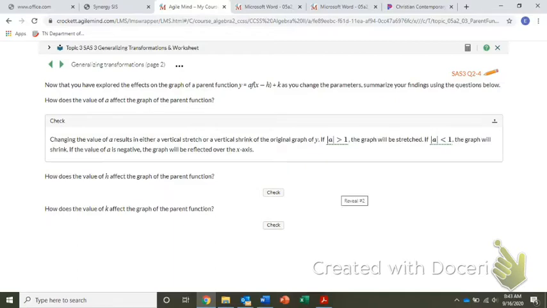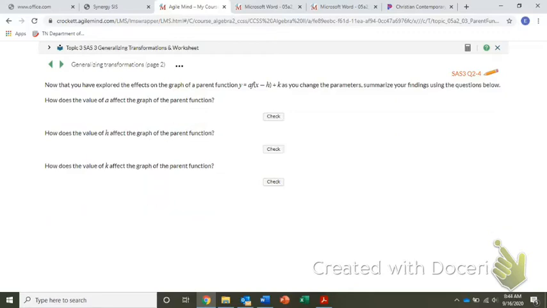All right, on H. So I'm going to close this back up so I have a little more room. So for H values, I want you to write this on number 3. What we just wrote should have went on number 2, so this is number 3. How does the value of H affect the graph of the general function rule Y equals A times f of x minus h plus k?